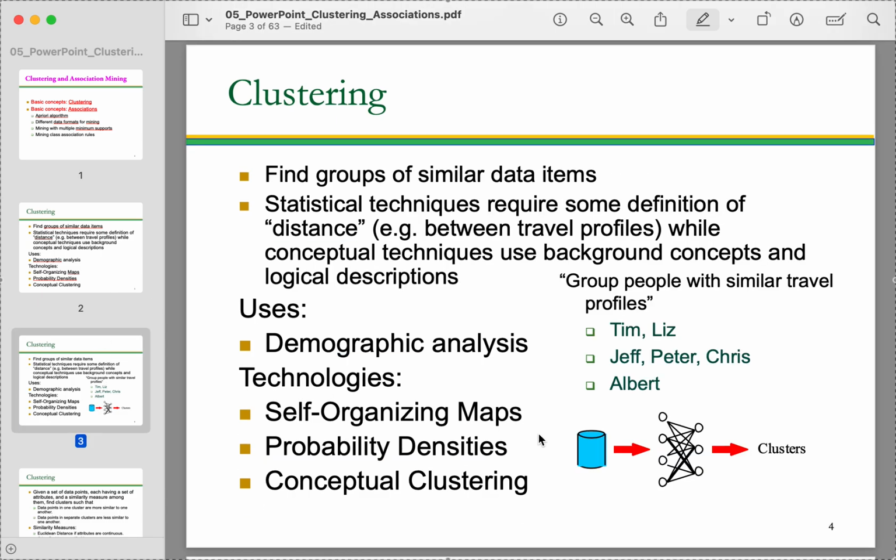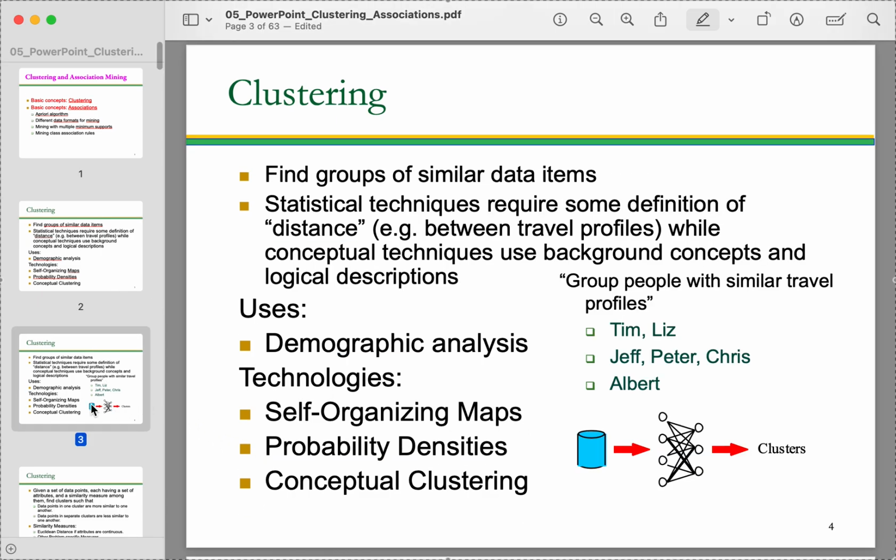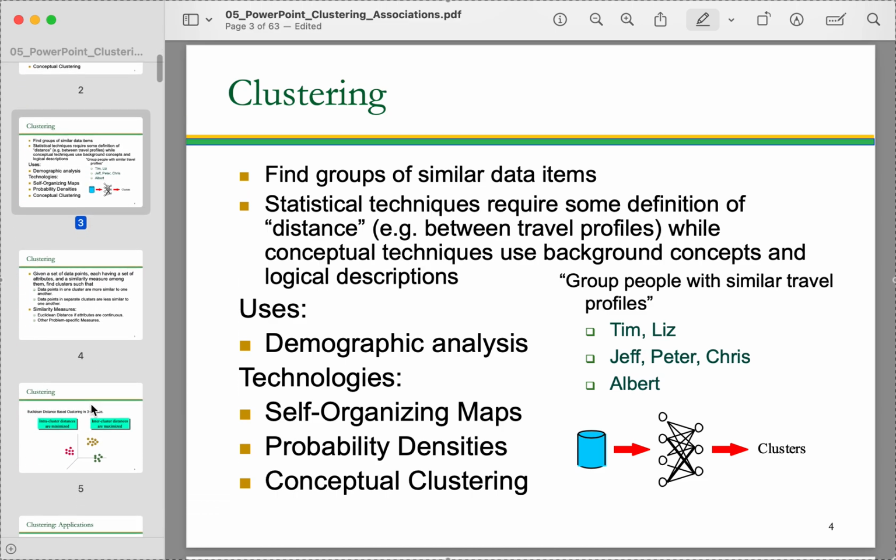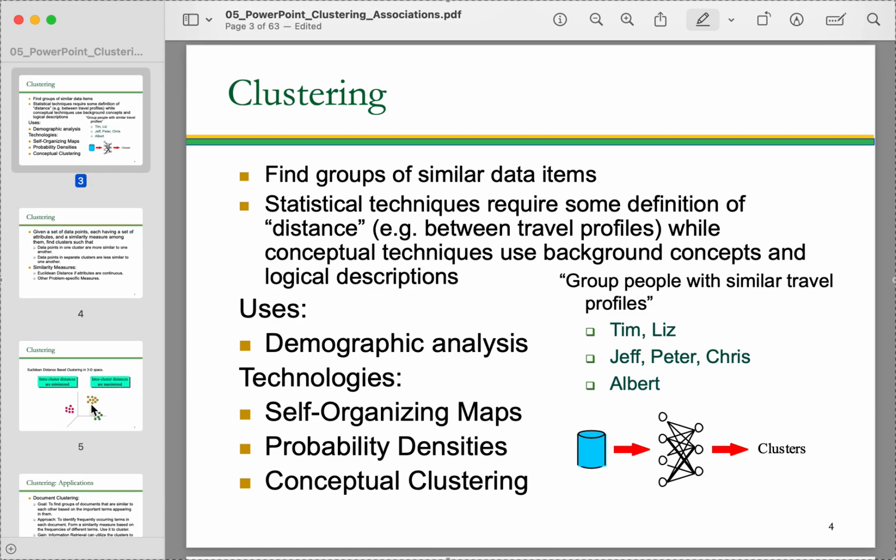Let's see how the clusters are computed and visualized. As we mentioned, in order to compute the similarity or the distance, we can use a measure.